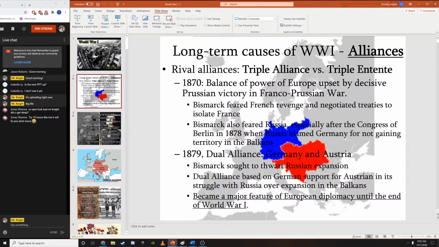And the Balkans are going to play a very important role in World War I because the Balkans are basically right where the whole war starts to explode, and then it spreads across all of Europe and then really all of the world. So the Balkans are going to play a very important role in learning about World War I.